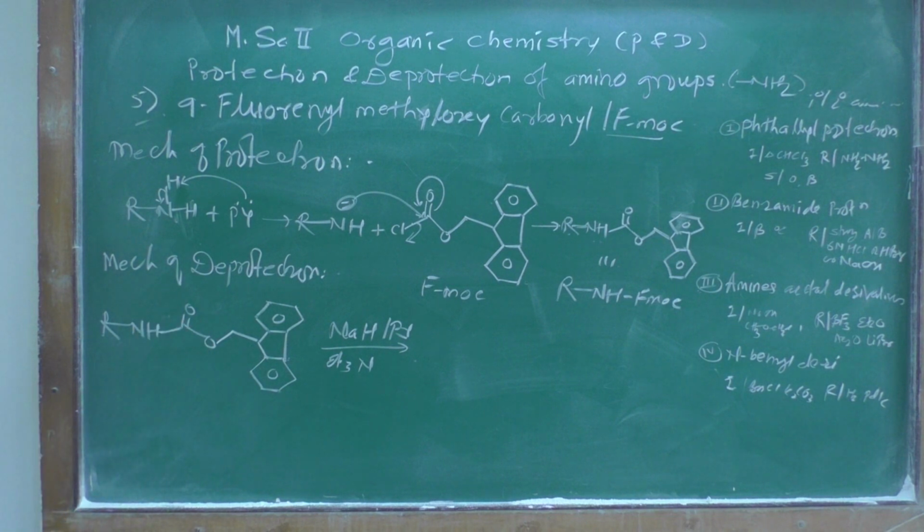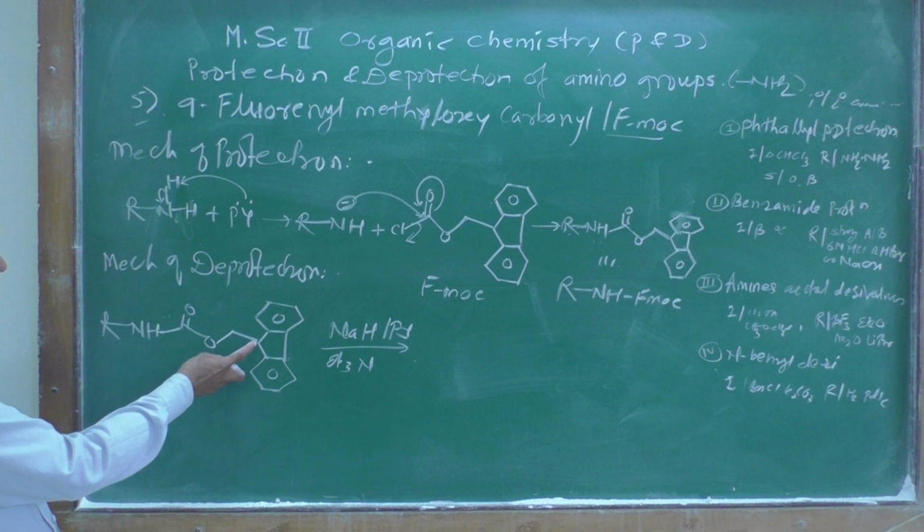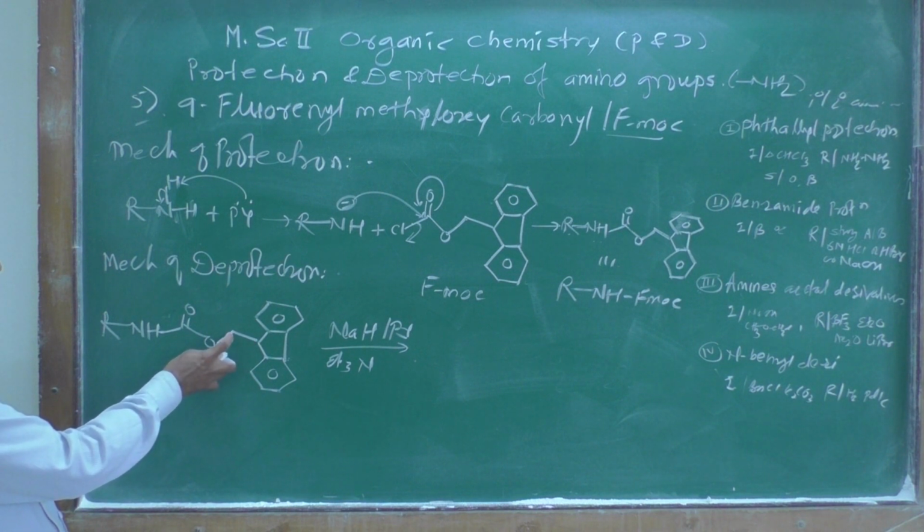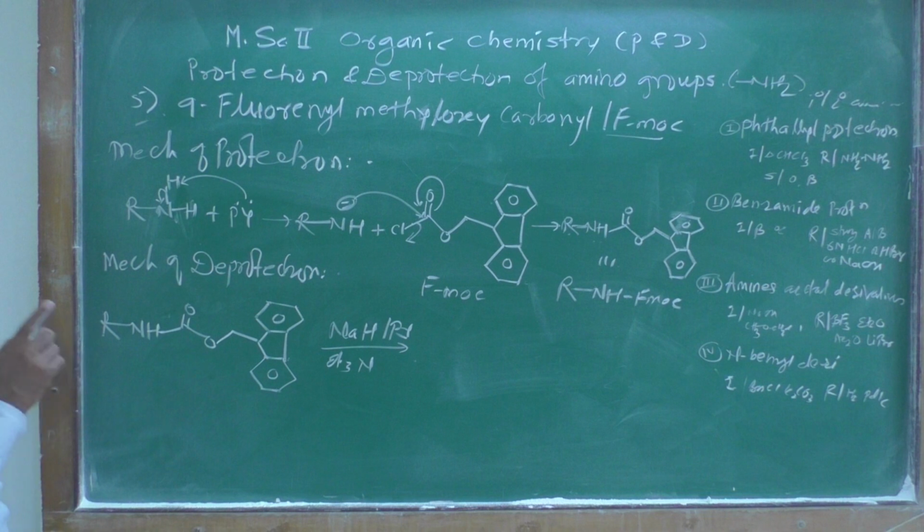It looks benzylic, but it is not benzylic, because this CH2 is attached to an sp3 carbon atom. In a benzylic case we can easily cleave the heteroatom by using hydrogenolysis, H2 in presence of palladium on charcoal.